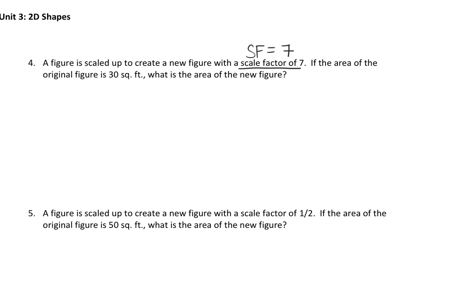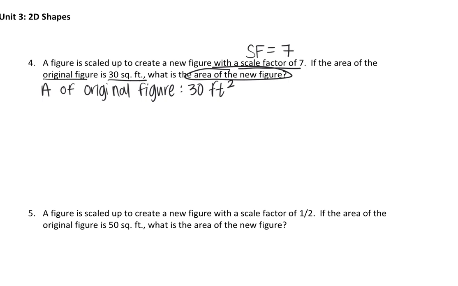If the area of the original figure is 30 feet squared, what is the area of the new figure? Okay, so A for the area of the new figure equals, well, remember, we have two different blanks, and the second blank with parentheses has that square.